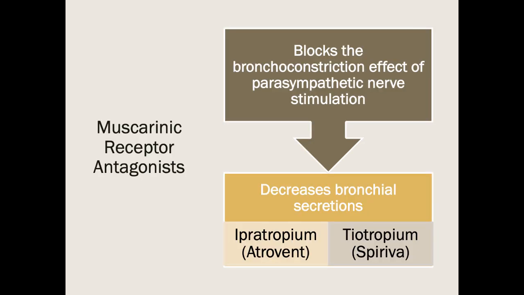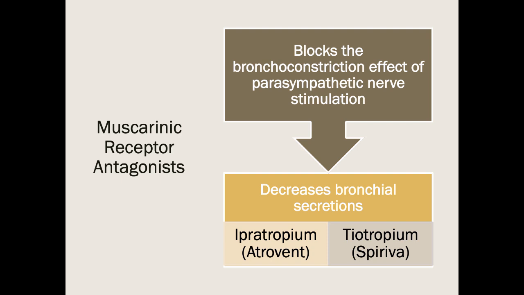Then we get to our third category of medications for taking care of these issues, asthma and COPD. We've got our muscarinic receptor antagonists. So we are blocking, antagonizing muscarinic receptors.